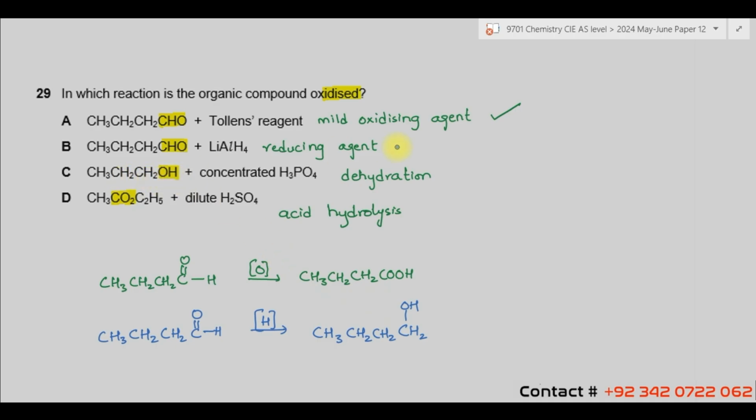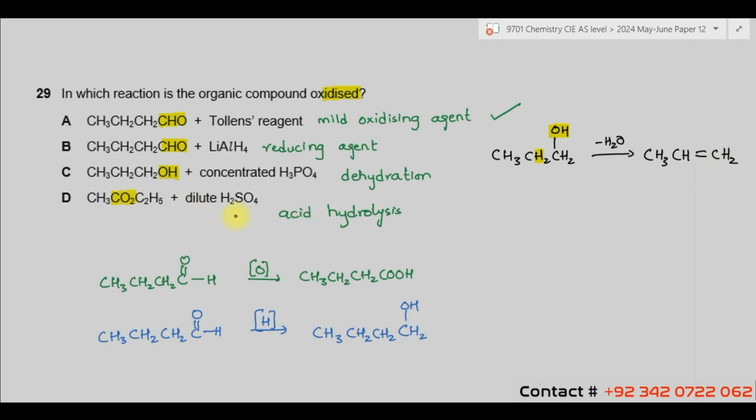Third part is primary alcohol. So in the presence of concentrated phosphoric acid, dehydration is caused. OH is removed from one carbon and hydrogen is removed from adjacent carbon, and we have double bond between these two. So CH3 CH double bond CH2.